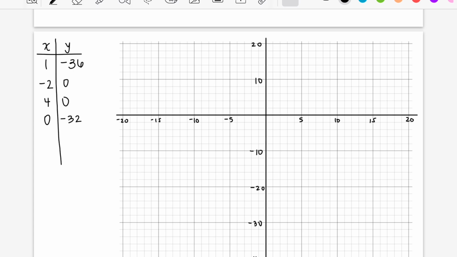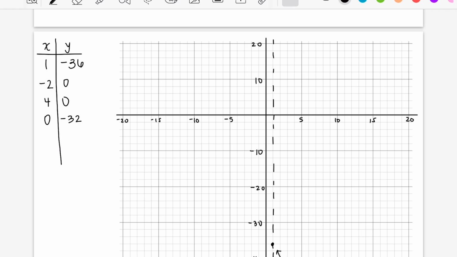So with this information, we can do a rough sketch of our graph. We also know that we're going to have an axis of symmetry at x is equal to 1. So here. And our vertex is going to be (1, -36). So that'll be this point here.